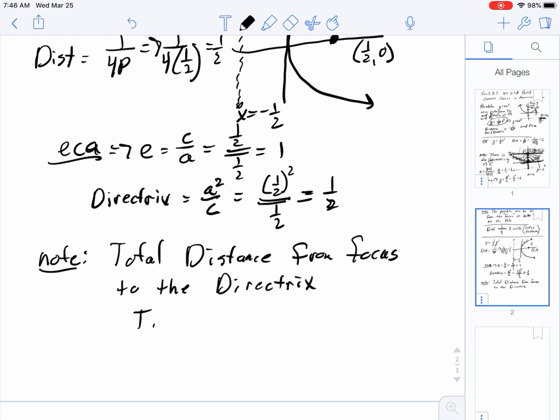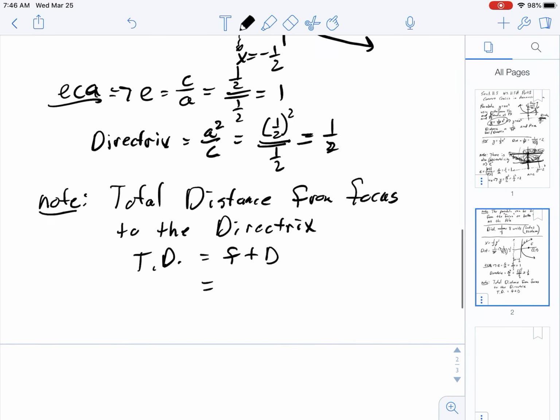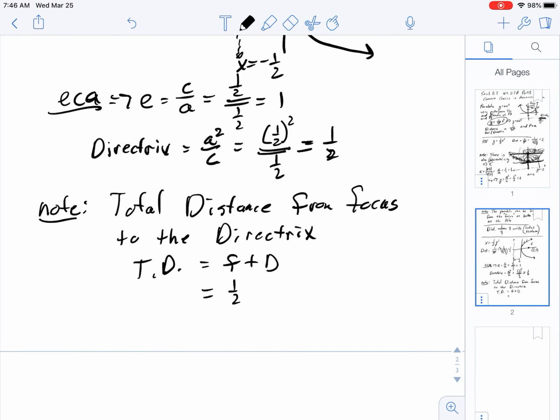Total distance, let's say TD, would be my F plus my D. In this case, it's 1/2 plus 1/2, so my total distance would be 1 unit. That's going to come into play later. By the way, there's no correlation to my Ika. It just happened that way, so no correlation to your eccentricity. Don't think it's going to be the same.